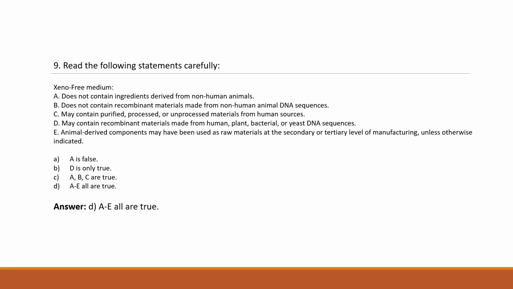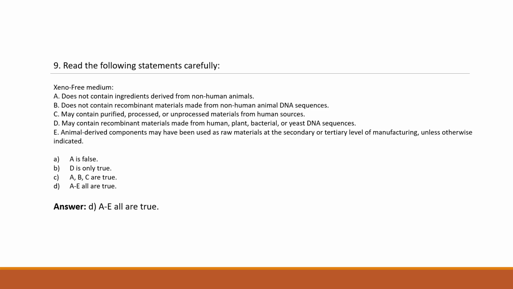It cannot be something that you just isolate, purify, and add. No, it should be processed to certain levels with certain conditions where the specificity to that species will not still be present in it, so that it does not generate any kind of antigenic response from your human cells.